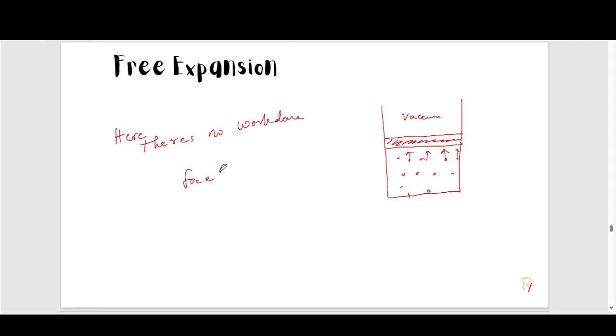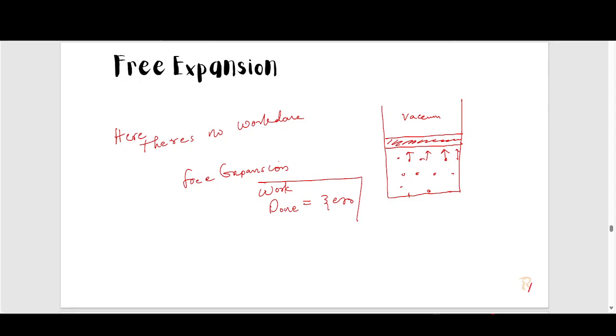In a free expansion, the work done is 0. The work done is 0.